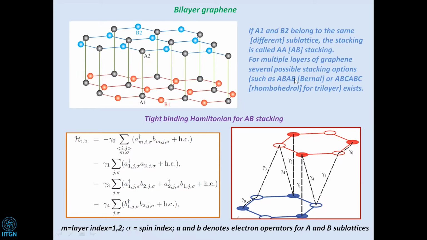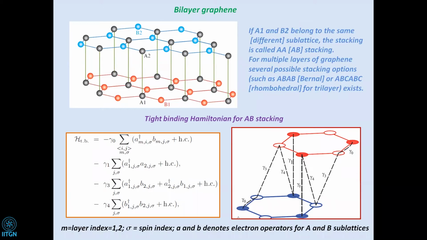Now, when I stack it in such a way that A is over A, so to speak, this is called an A stacking, okay, and otherwise it's called an AB stacking. There are several other possible stackings if you increase the number of layers, such as AB, AB, AB, which is typically called the Bernal stacking, or others, okay, which I'm not going to talk about.